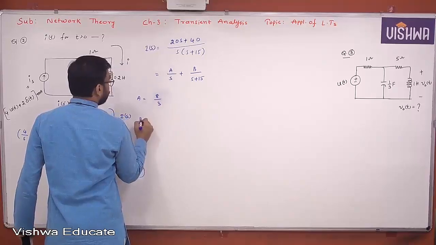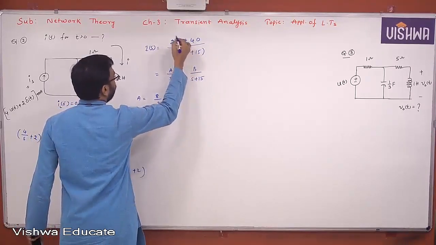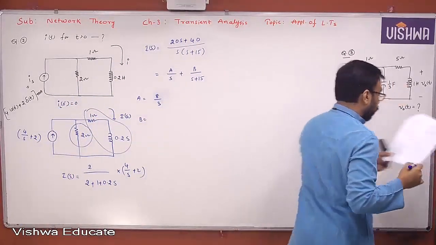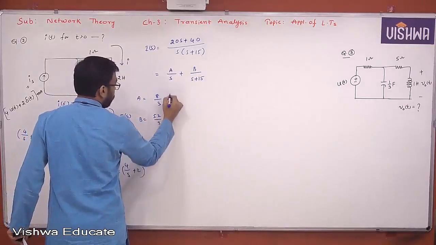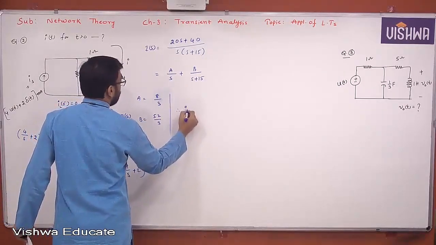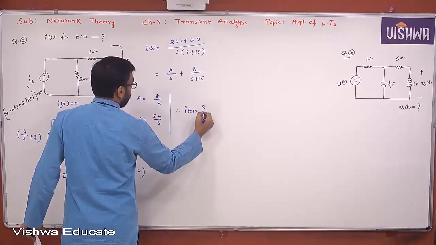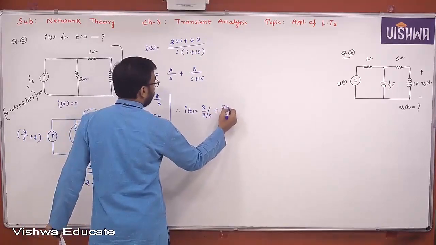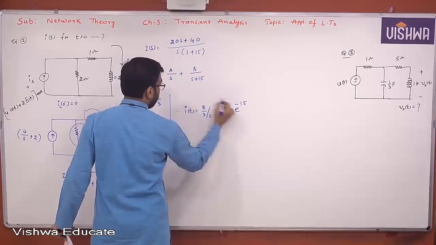Similarly, the B value at s equal to minus 15: if you solve that, you will get 52 by 3, I just give it to you. So now i(t) will become 8 by 3 plus 52 by 3 into e power minus 15t.